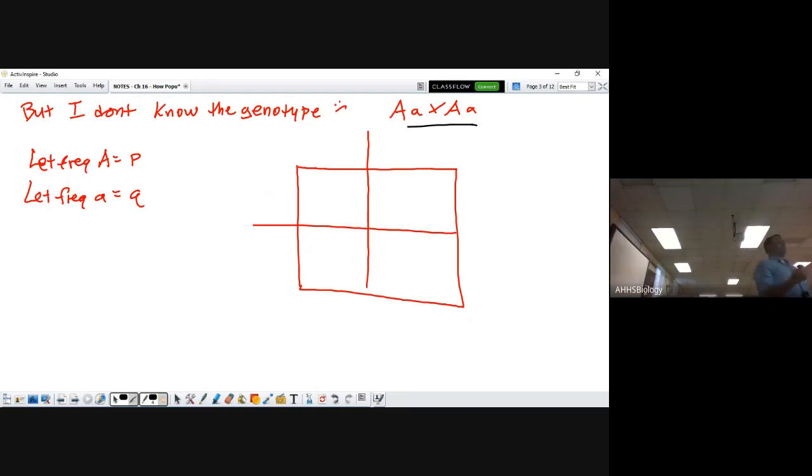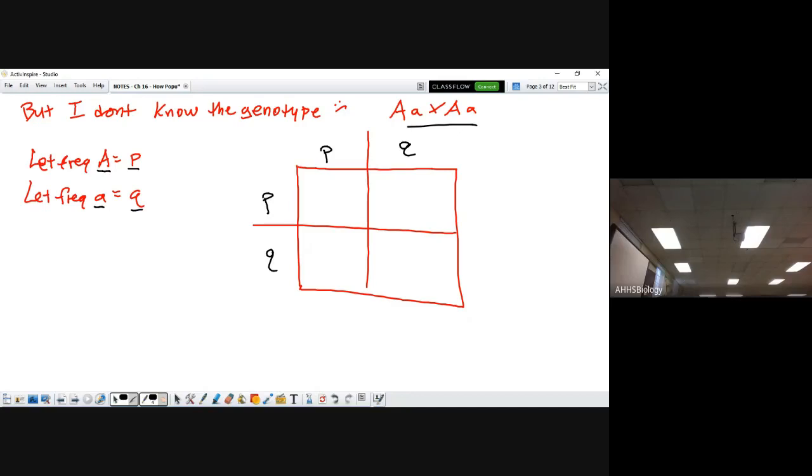Instead of representing the alleles of big A and little a, we're gonna let the frequency of big A be a lowercase p, and the frequency of little a be a lowercase q. So then all of a sudden we can put P, Q, P, Q right there, and we could fill that in with numbers if we wanted to. We really don't need to do that. We're just showing where the formula actually comes from.